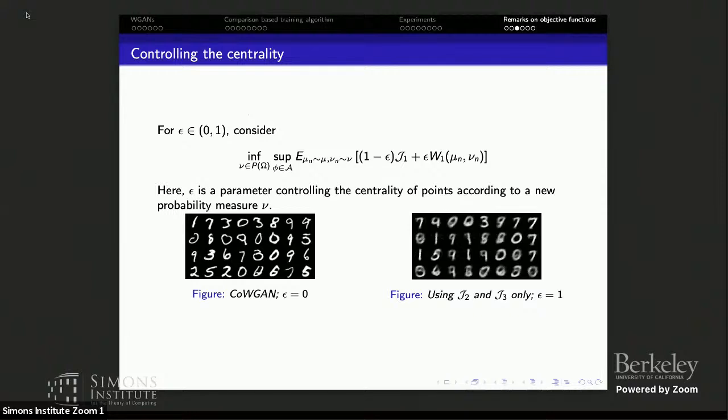If we use J2 and J3 instead of J1, which is the objective function, then we have blurry images. So if we choose an appropriate epsilon, we can control the centrality, or let's say the blurriness of images. So that's one point.